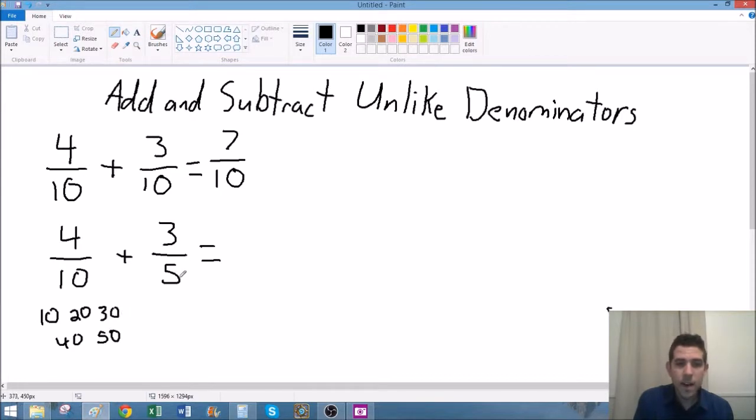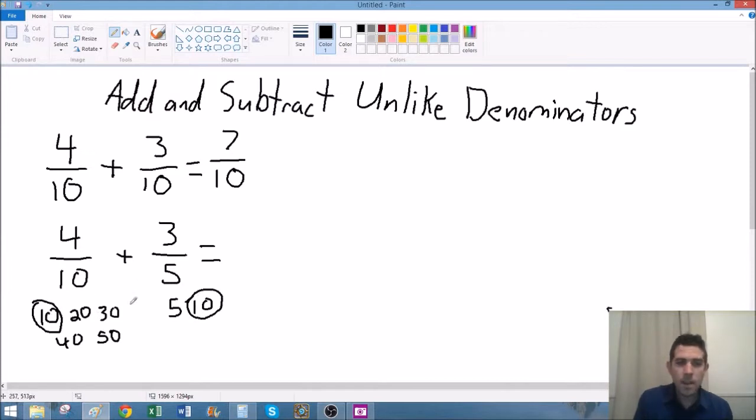Now let's go over here to 5 and write out all the multiples of 5. 5, 10. Now I could keep going, but as soon as you find a match, that's when you want to stop. You only have to find the lowest match. So 5, 10, the 10s are going to match here. We have a winner.